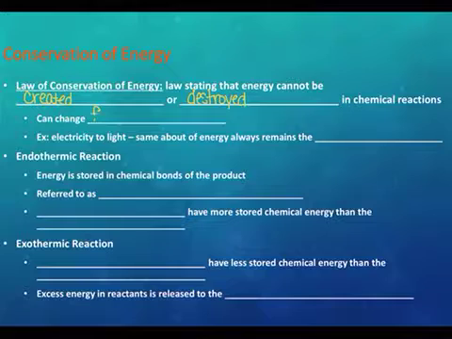However, it can change forms. So for example, electricity is a form of energy that turns into light energy. It's the same amount of energy. It always will remain the same.